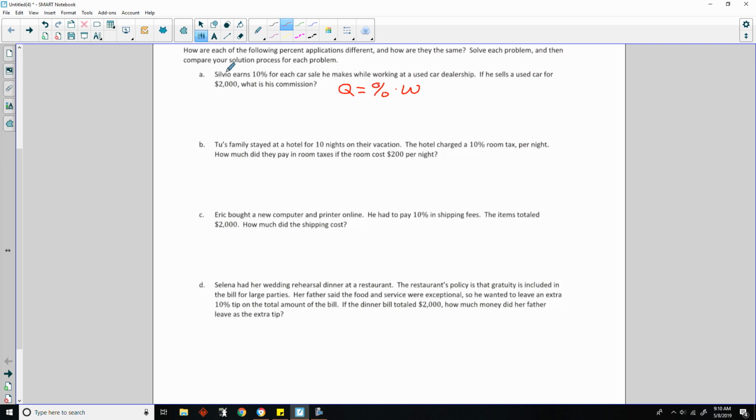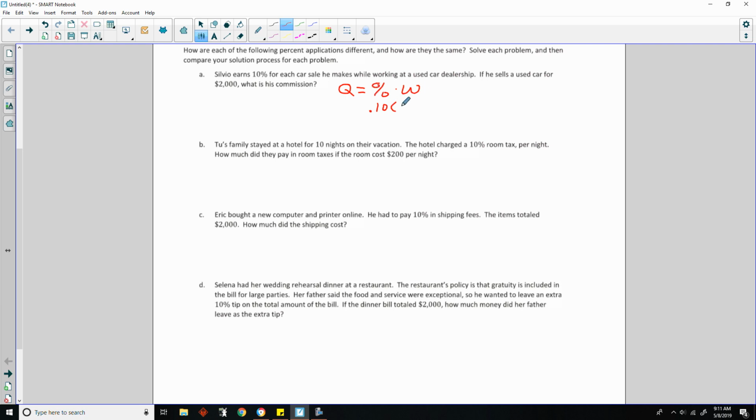Okay, so Silvio earns 10%. So I'm going to just substitute in underneath 10% is 0.1 or 0.10. Silvio earns 10% for each car sale he makes while working at a used car dealership. If he sells a used car for $2,000, what is his commission? The $2,000 is the whole.